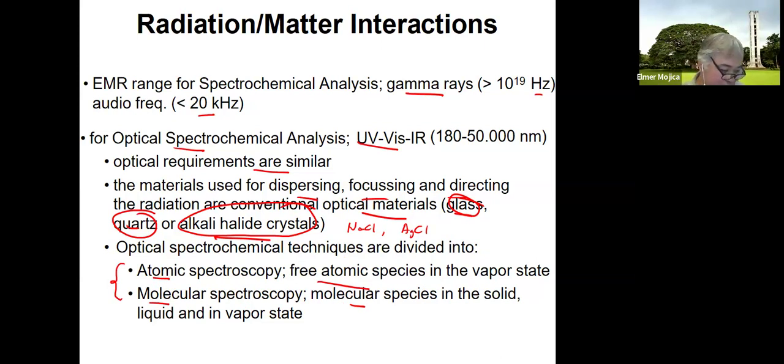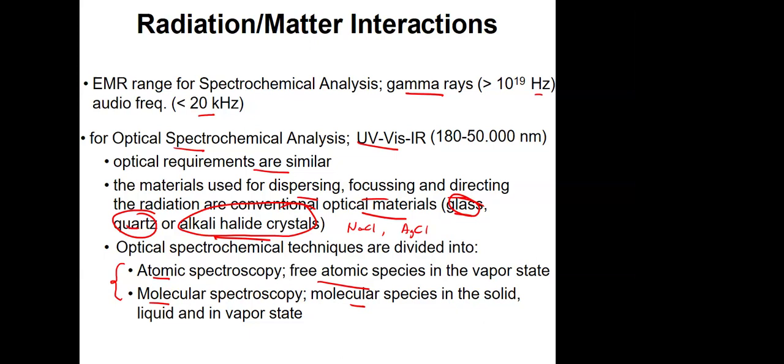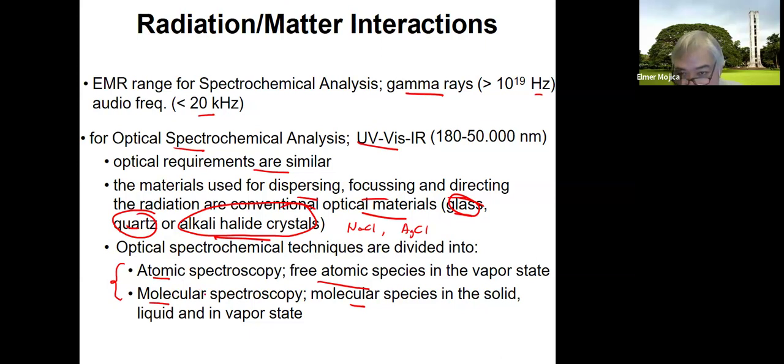Based on your knowledge, what is the practical difference? Which one is destructive and which one is non-destructive? Atomic spectroscopy is the destructive one. Okay, so the first one is destructive.